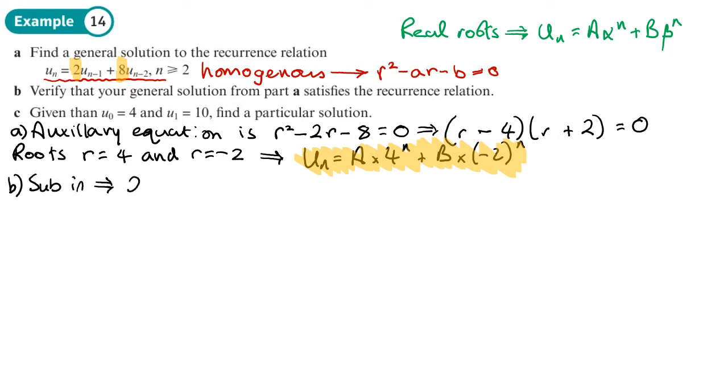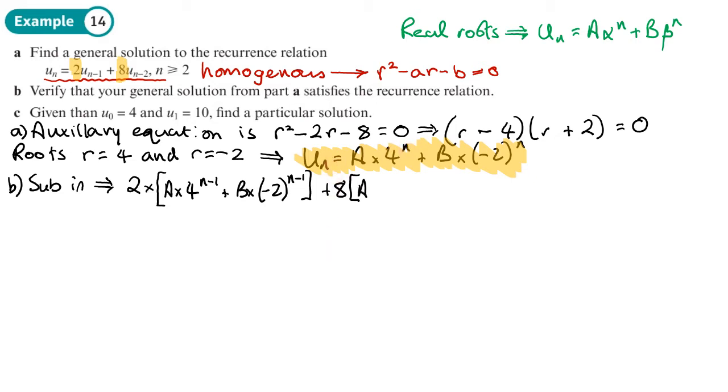Right, so if we substitute in, we'll get 2 lots of, so this and this n need to become n minus 1, because we're getting 2 lots of u_{n-1}. So that would be a times 4 to the power n minus 1 plus b times negative 2 to the power n minus 1. And then we add to that 8 lots of the same expression, but now with n minus 2, because it's u_{n-2}.